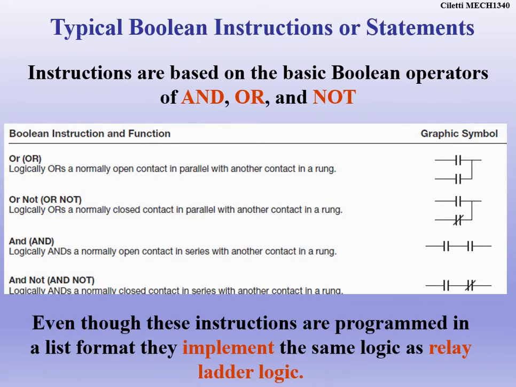An OR gate. So our graphic symbol would be 2 normally open contactors branched together, which means OR. Then the next one, we have an OR with a NOT. So a NOT is the normally closed contactor there. And when we have an AND, they're in series. So if you remember that OR is in parallel, and a basic OR has 2 open contactors.